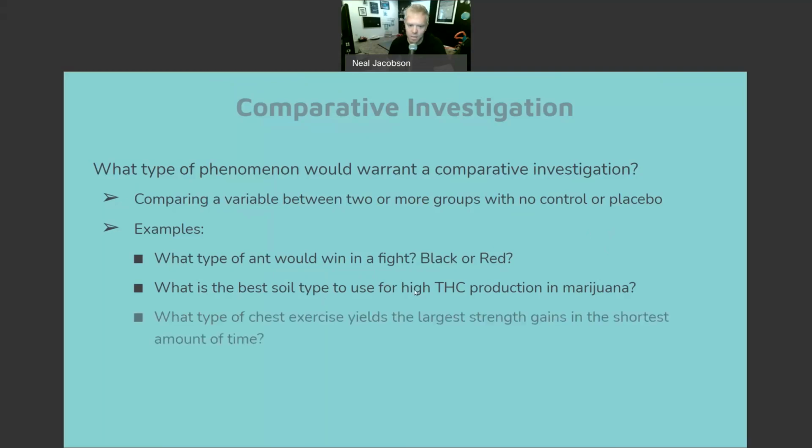And then, what's the best type of soil to use? And then here's another example, especially if you're into exercise science, you could say, okay, what type of chest exercise would yield the largest strength gains in the shortest amount of time? So it's another comparative one. You wouldn't have a control group where somebody just pretends to do chest exercises, but you would be comparing different chest exercises and then comparing their effect on strength gains among people of similar type, basically.